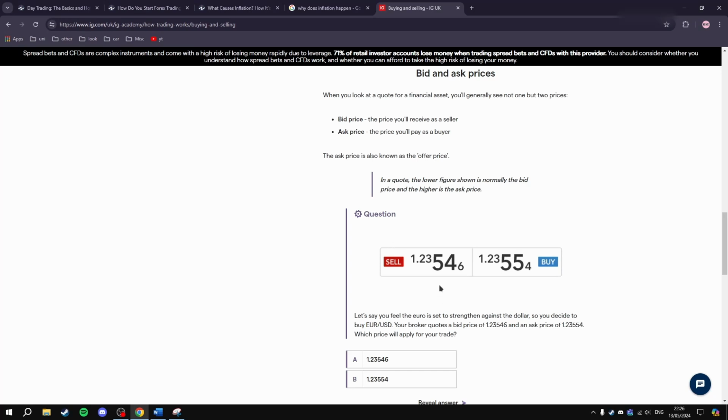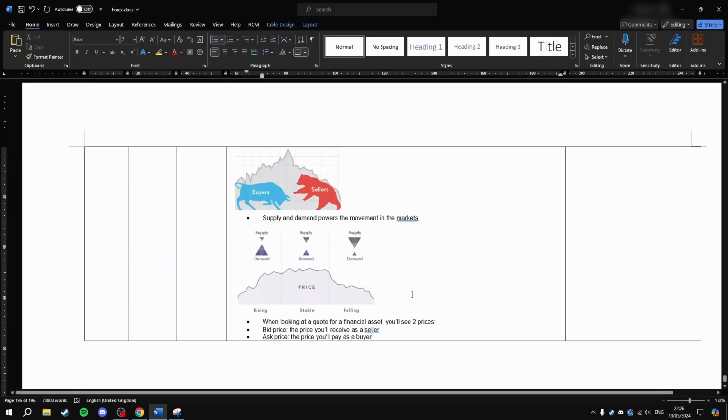The ask price is also known as the offer price. In a quote, the lower figure shown is normally the bid price and the higher is the ask price.